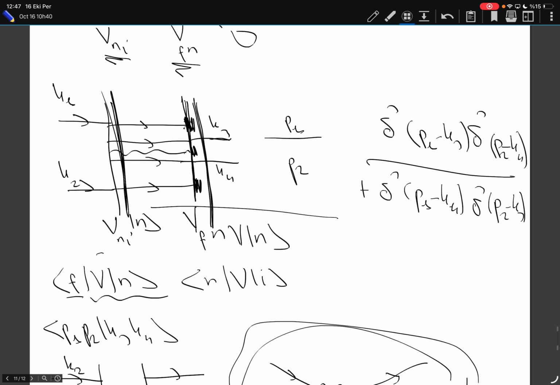What happens is, we have K1. After the first vertex, you don't have momentum conservation. You see, you have K1, then you have K2, and then you have the creation of 3 particles at a point. Let me draw it this way.